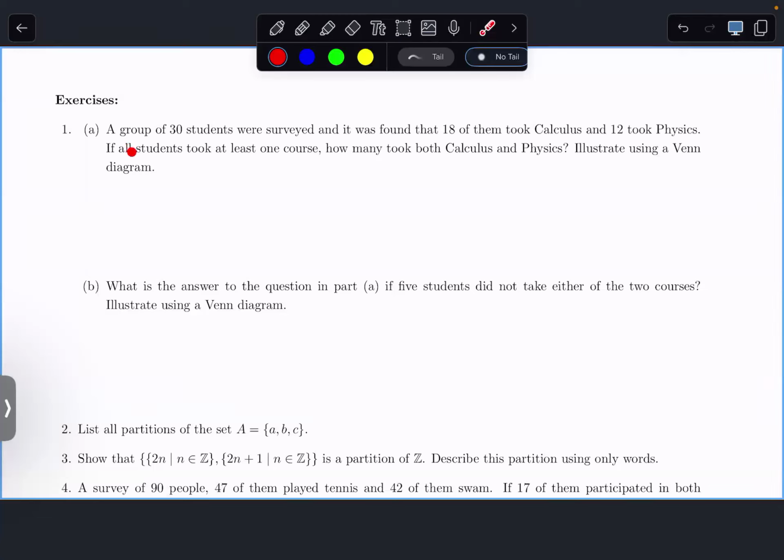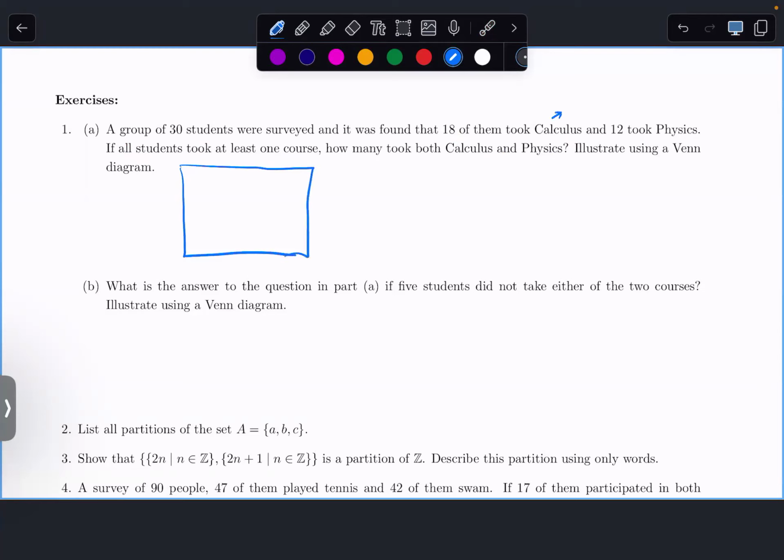So a group of 30 students were surveyed, and it was found that 18 of them took calculus and 12 took physics. If all students took at least one course, how many took both calculus and physics? And we're going to use a Venn diagram here.